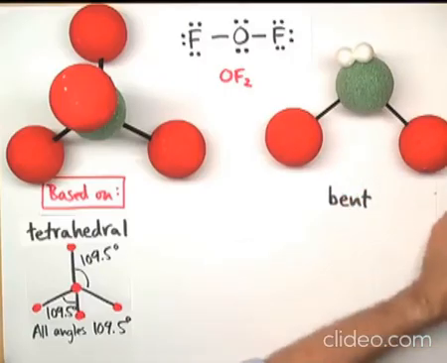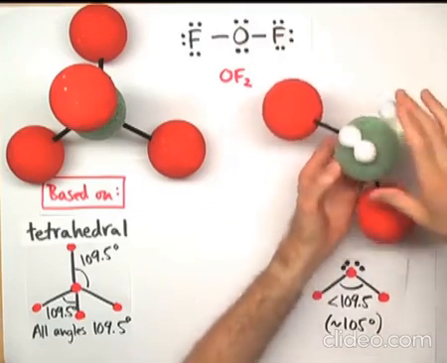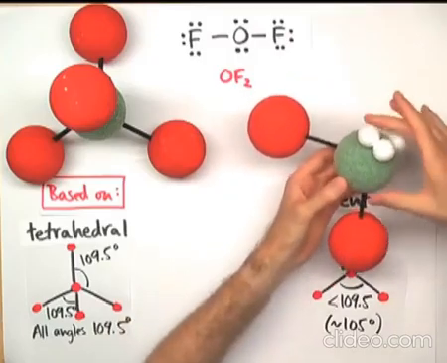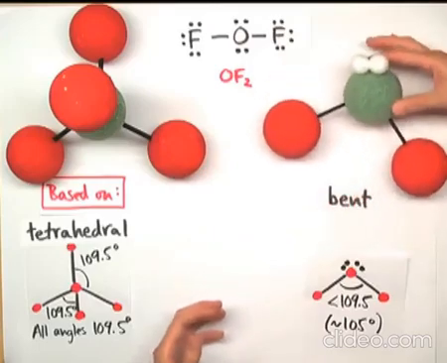And for angles, these unshared electron pairs are going to push these atoms together harder than other atoms would, because those unshared electron pairs need a little bit of extra space.